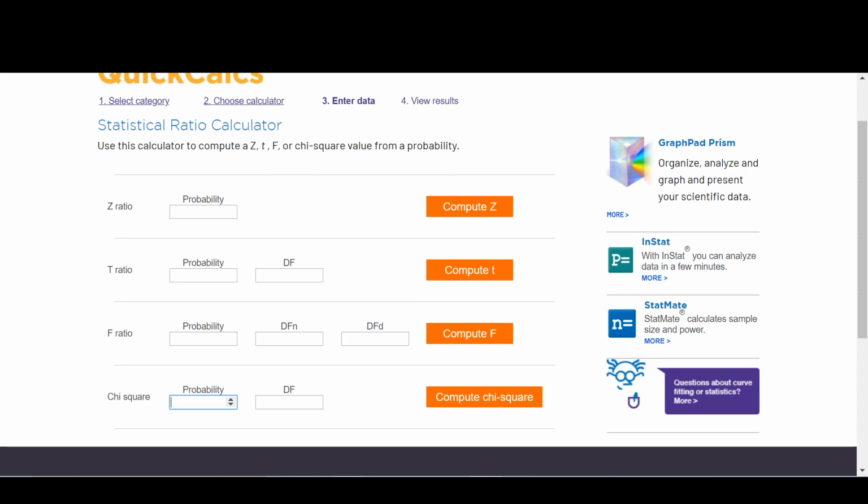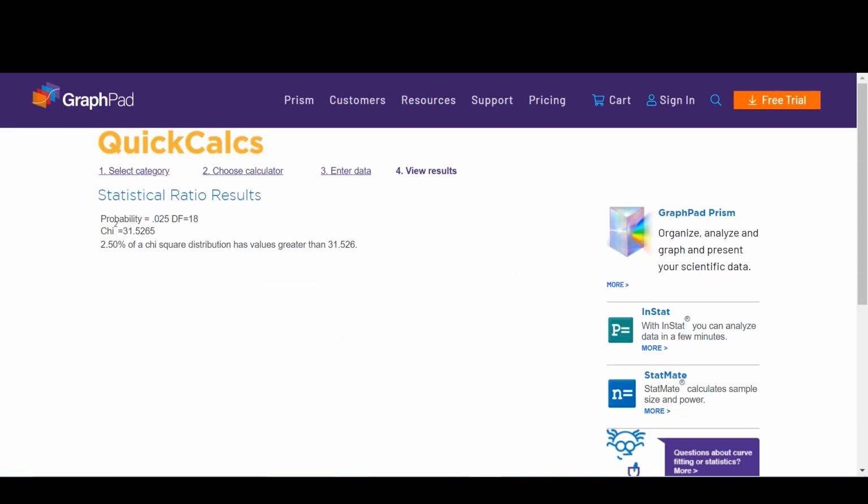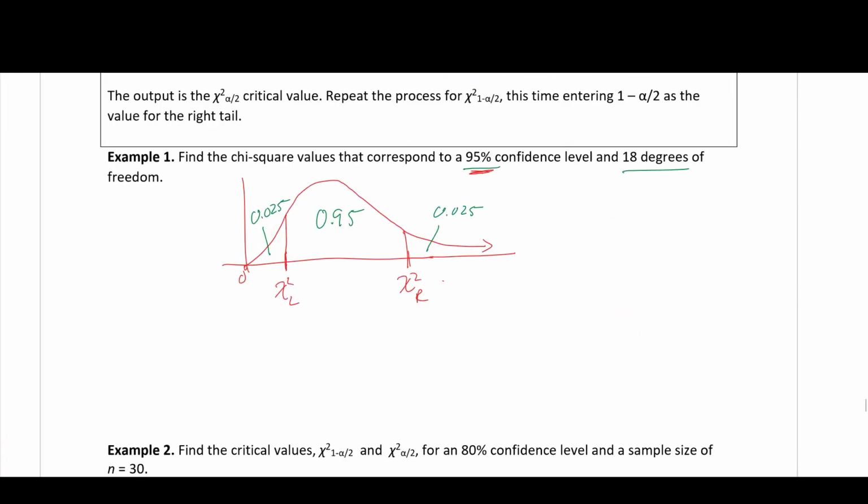So if I'm going with the 2.5% and the degrees of freedom, they said 18, let's go ahead and compute the chi-squared for that. I get 31.526.